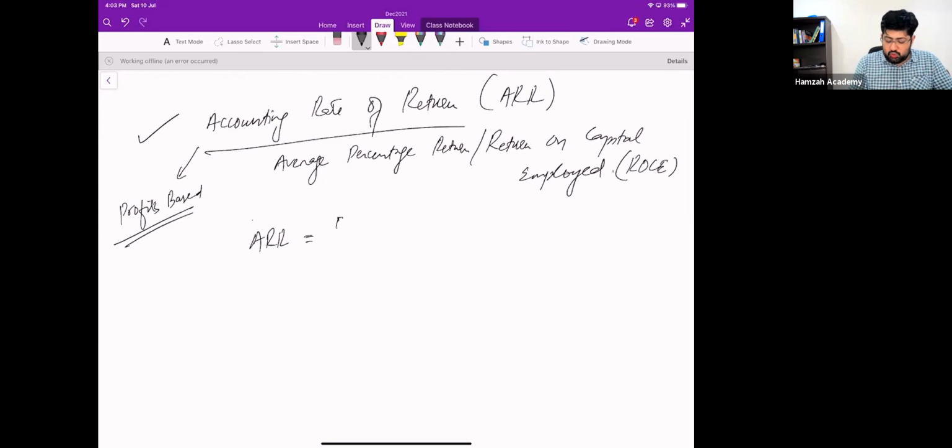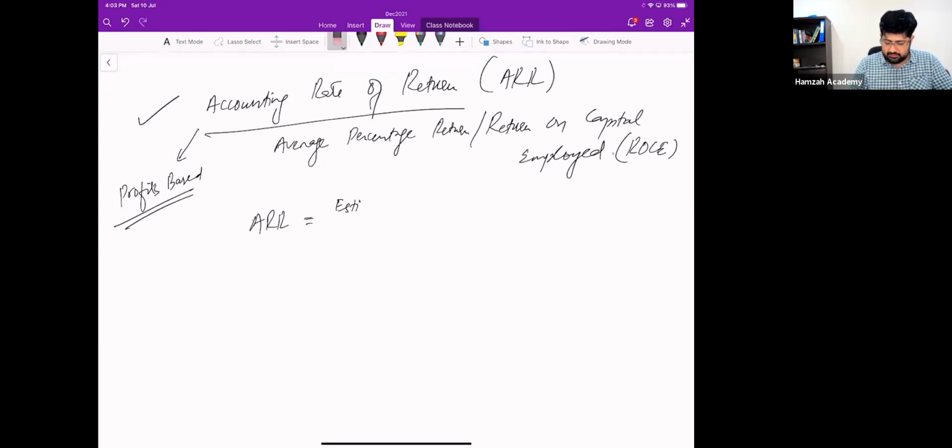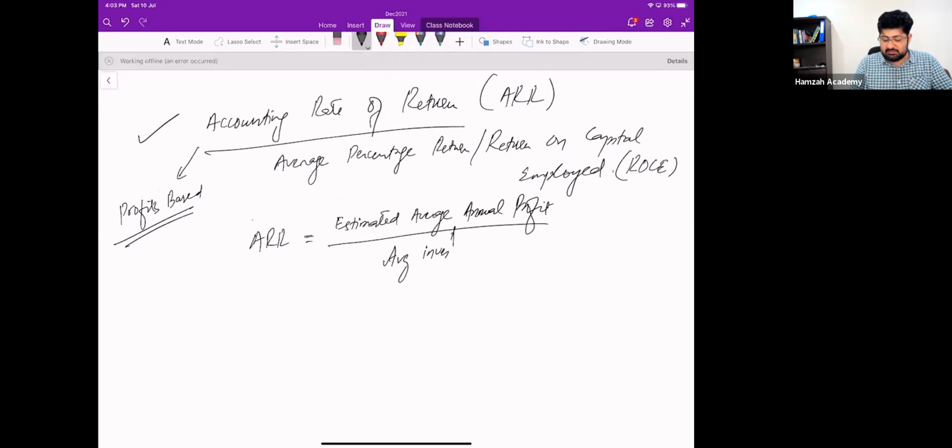So ARR is equal to estimated average annual profit divided by average investment, times 100.